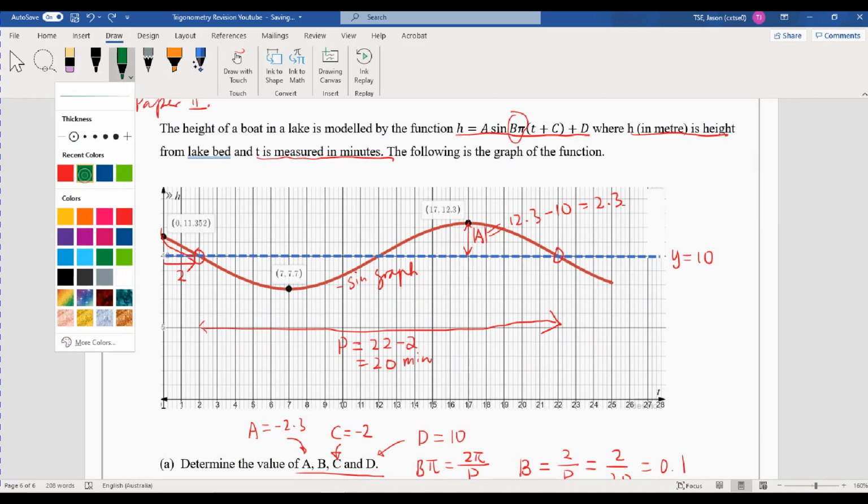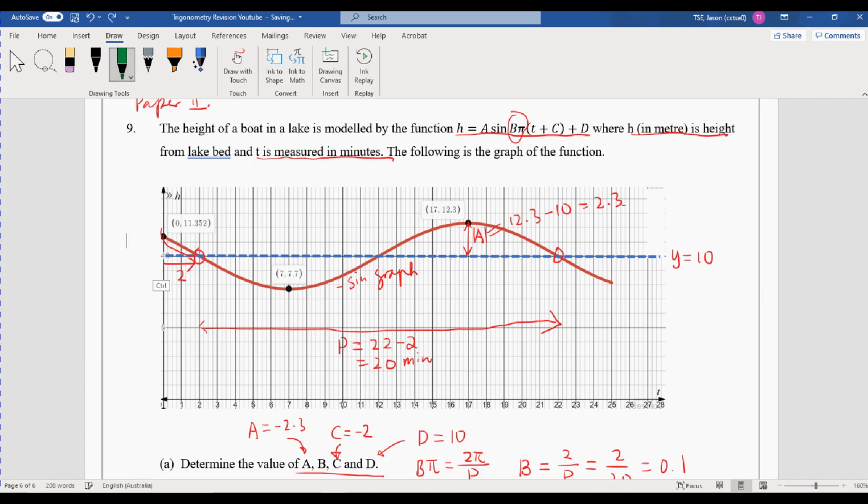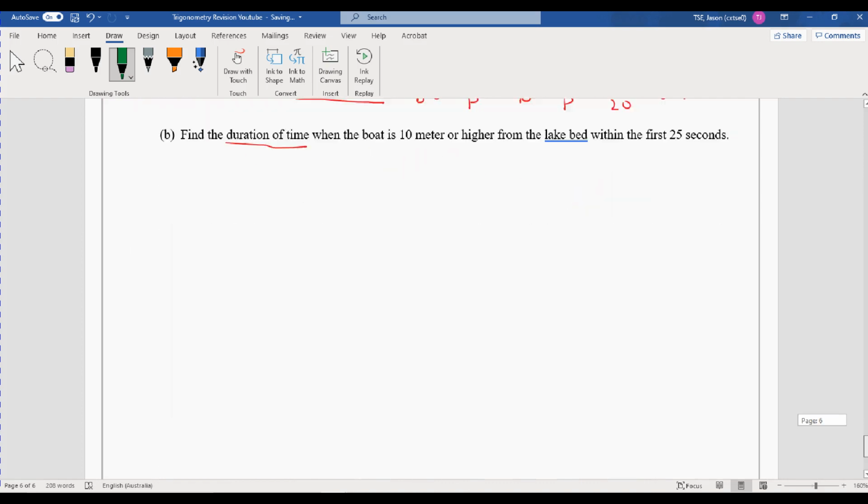So this part, obviously, and also this part, are higher than 10. How long is it? There are 2 minutes there, and the other part is from 12 to 22.